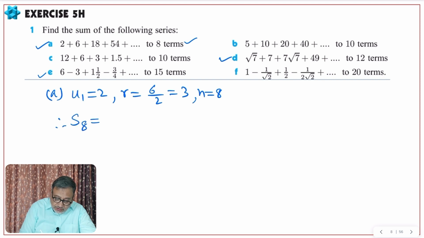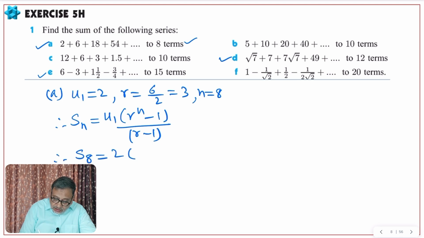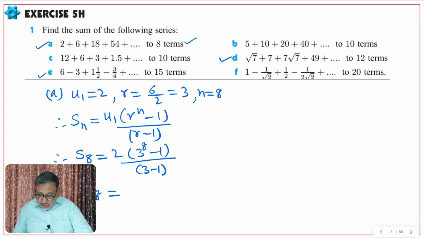Let me write the formula first. Sn is U1 into bracket R raised to n minus 1 over R minus 1. So therefore S8, U1 is 2, R is 3, raised to 8 minus 1 over 3 minus 1. So S8, directly I can write the answer from the calculator. 3 minus 1 is 2, so here 2 divided by 2 will get cancelled.